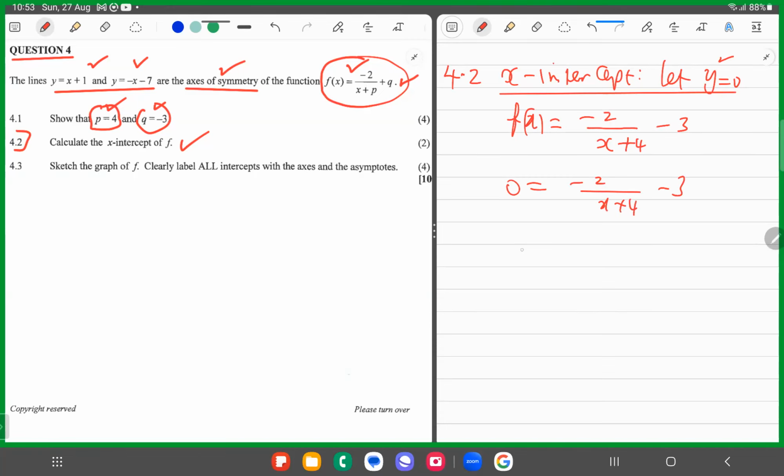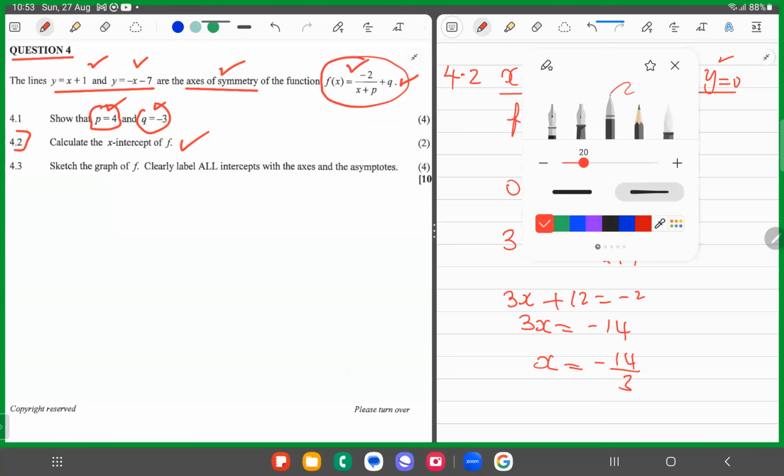We transpose the negative 3, making it positive, and we have 3 equals minus 2 over x plus 4. We cross multiply: 3 times x is 3x, 3 times 4 is 12, equals minus 2. Which means 3x is minus 14, so x is minus 14 over 3.